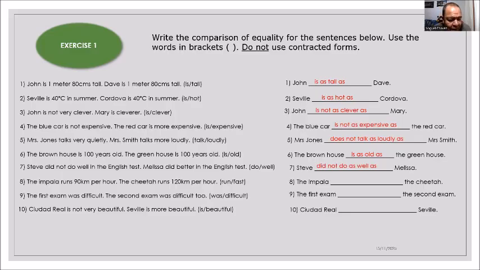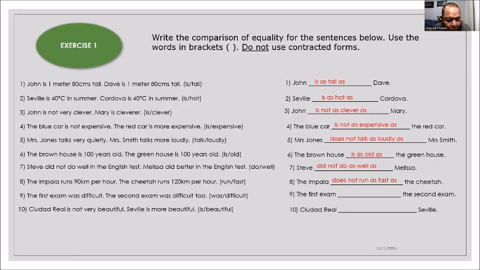Number 8. The impala runs 90 kilometers per hour. The cheetah runs 120 kilometers per hour. The impala does not run as fast as the cheetah. Number 9. The first exam was difficult.